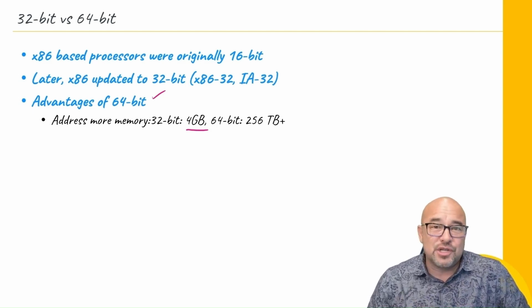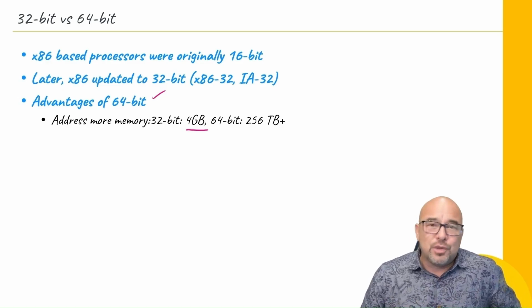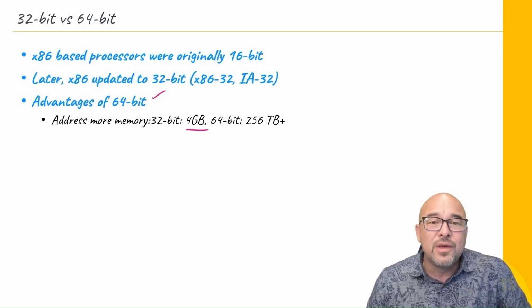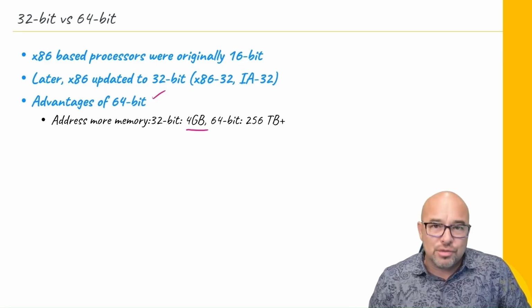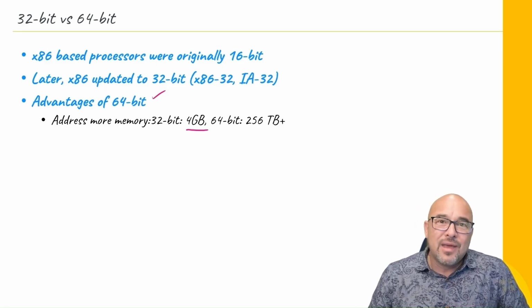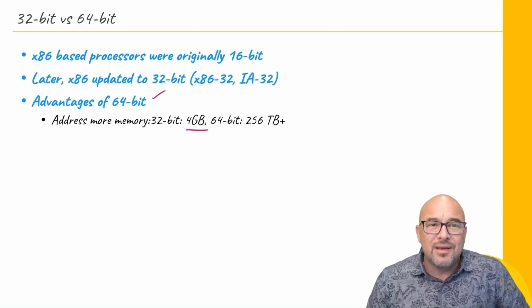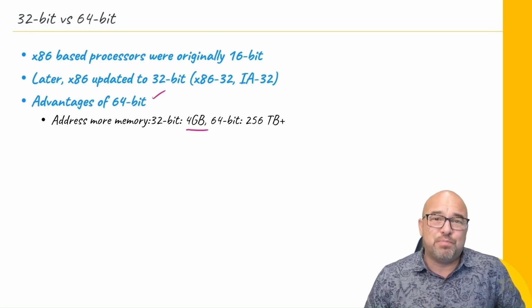Even entry-level machines are probably going to have at least 8 gigabytes of memory. So in order to address those 8 gigabytes, you're going to need a better processor, a 64-bit processor. And when I say address, just think of that as being able to use. Even if you had 8 gigabytes of RAM on a 32-bit processor machine, it can only use 4 gigabytes. This simply has to do with the architecture of how the processor is built.